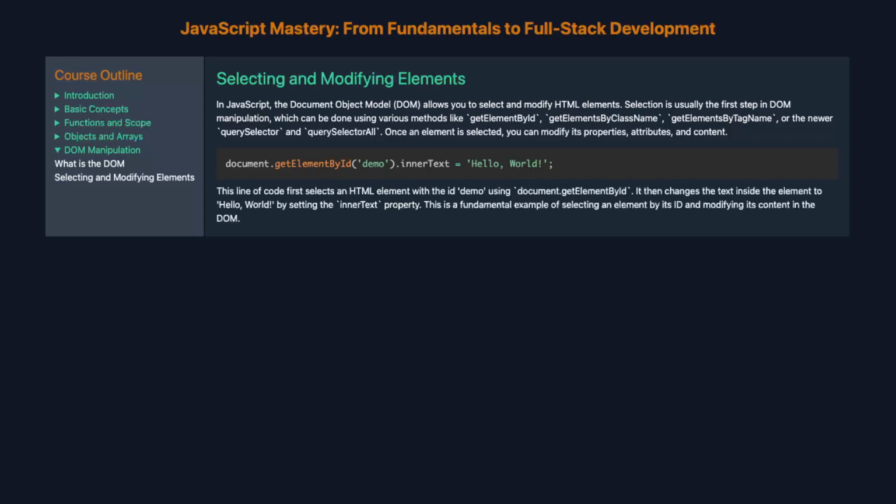Once an element is selected, you can modify its properties, attributes, and content. This line of code first selects an HTML element with the ID demo using document.getElementById. It then changes the text inside the element to Hello World by setting the innerText property. This is a fundamental example of selecting an element by its ID and modifying its content in the DOM.